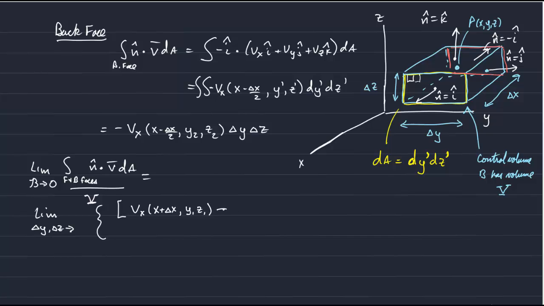And the back face gave me a minus Vx at point x minus delta x over 2 at the point y2 and z2, where the velocity on the back face equaled the mean on the back face.